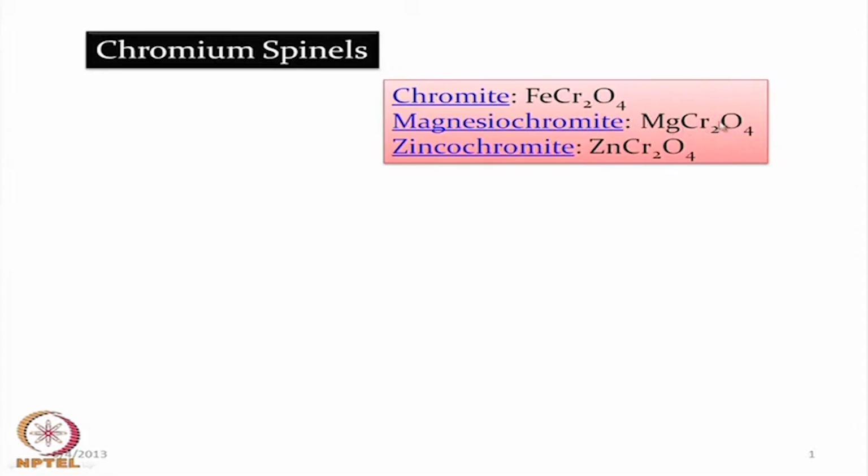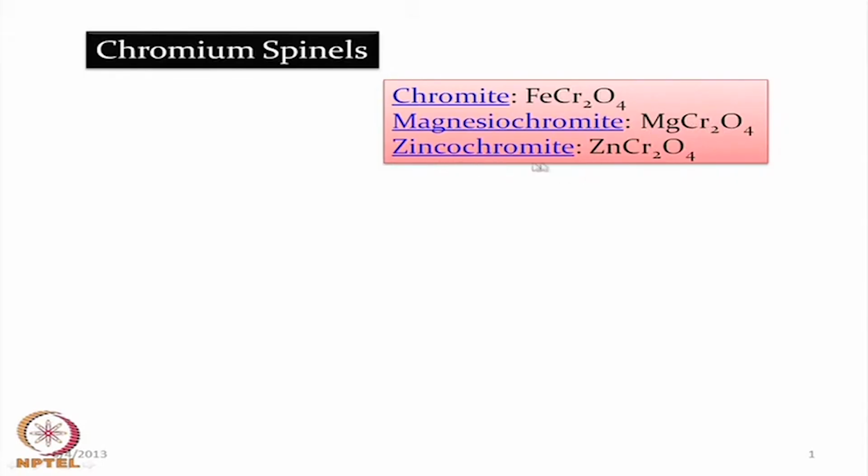So the network bonding is formed with chromium and oxygen. That means we have the corresponding oxide lattice, and depending upon its normal or inverse spinel structure, all the chromium atoms sit comfortably within the octahedral sites, or in the inverse structure some of them go to the tetrahedral sites.